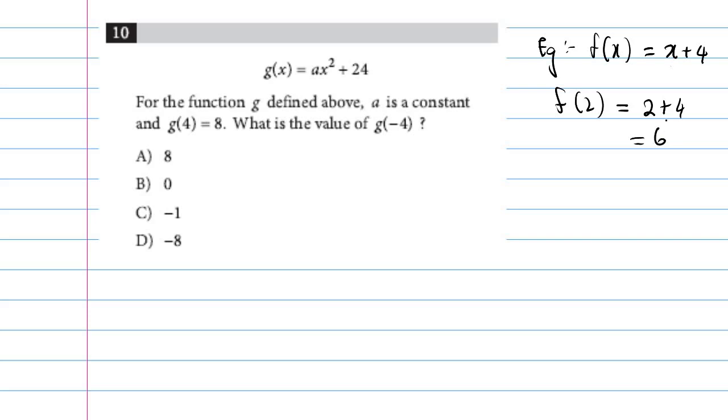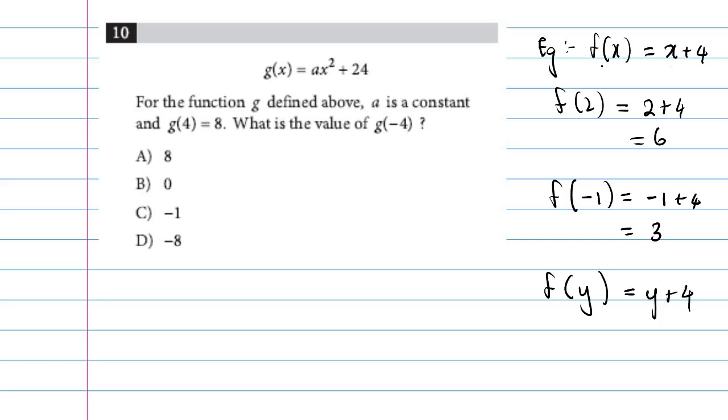So this is just a small revision for students about functions. Let's say you have f of negative 1. This means you have negative 1 plus 4, which is 3. If you have f of y, you can put any variable inside this, so you just plug in y instead of x, giving y plus 4.